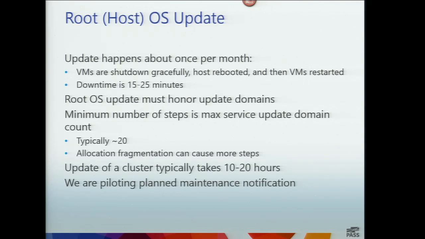So for our multi-instance VMs, like ones in an availability set, it's extremely hard for us to know which time window, even which day, we might be doing it, because we're not updating the whole world at once. We'll do a few data centers, parts of a few data centers on Tuesday, then we'll do some more on Wednesday, and so on. And based on how those are going, we'll get to the later ones.